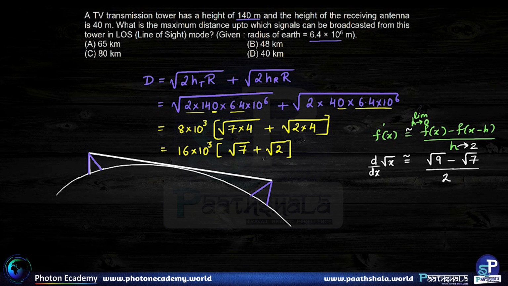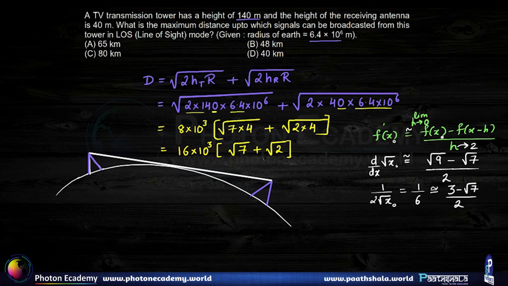The derivative of root x happens to be equal to 1 upon 2 root x. And the point at which we are differentiating, x0, happens to be 9. So here I get 1 upon 6, because 1 upon 2 into 3 is 1 upon 6, is approximately equal to root of 9, which is 3, minus root 7, whole divided by 2.